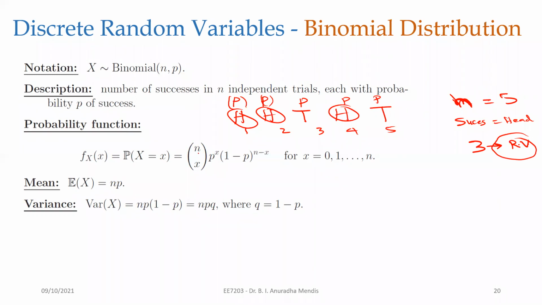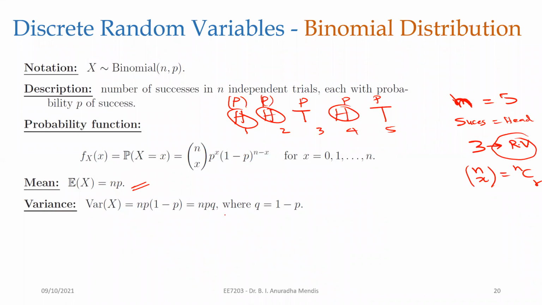This notation nx equals nCr. And then this is the success probability p, and 1 minus p is the other probability. So X number of successes, and all other n minus x are failures. This will give the probability that you can have x successes.